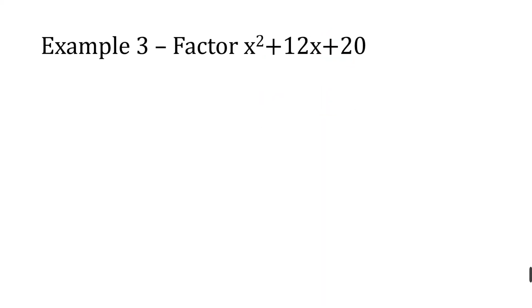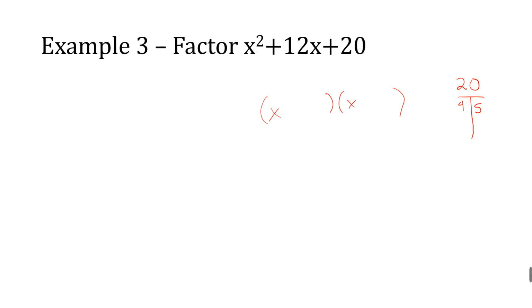Okay, pause and see if you can factor this one on your own. Did you pause? Okay, so we want two numbers that multiply to give us 20 and that add to give us 12. If you try 4 and 5, there's no way to add or subtract 4 and 5 that will give you 12.